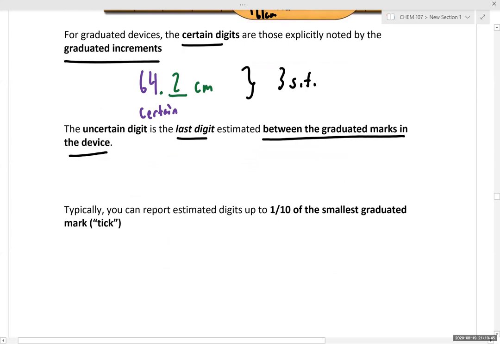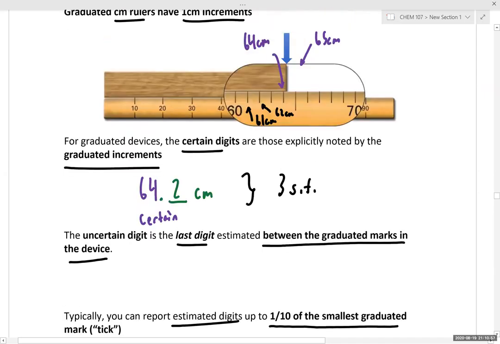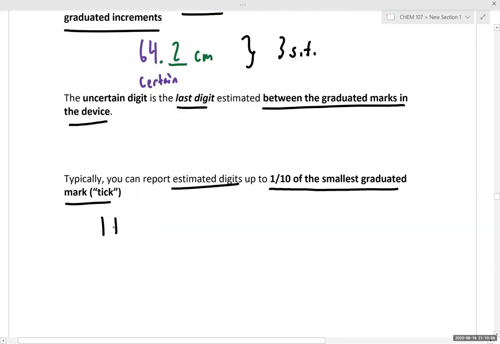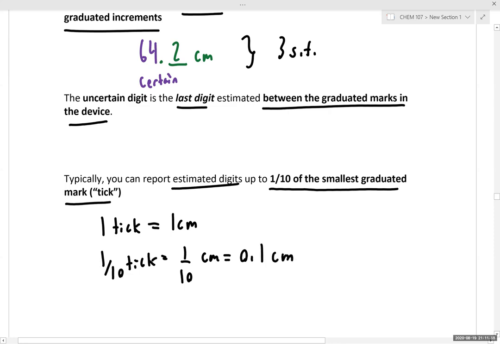Typically you can report estimated digits up to 1/10 of the smallest graduated mark or tick. In the above example, we know that 1 tick corresponded to 1 centimeter. For our estimated digit, you can report up to 1/10 of a tick, which is equivalent to 1/10 centimeter, or 0.1 centimeters.